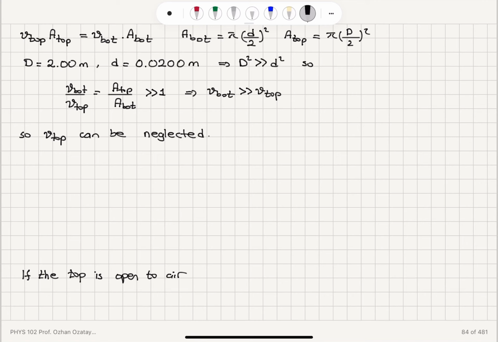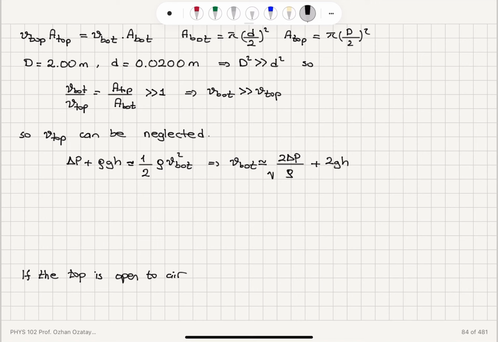So, if I go back to Bernoulli's equation, I have delta P plus rho gh is equal to approximately 1/2 rho V bottom squared, because I'm neglecting V top now. This gives me the following approximate result for V bottom: the square root of 2 delta P divided by rho plus 2gh.